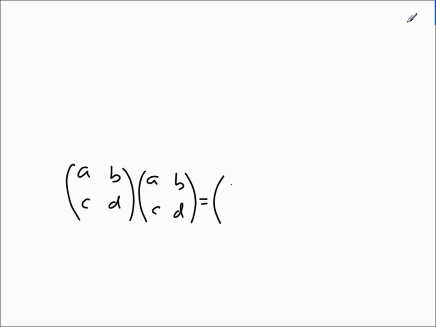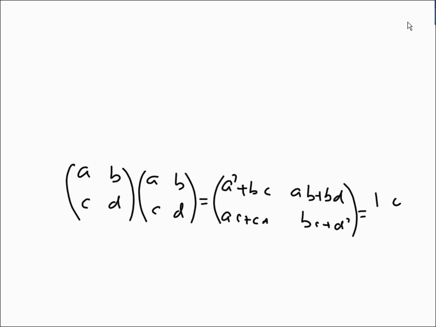And we get A squared plus BC, AB plus BD, AC plus CD, and BC plus D squared. And we want this to be the identity matrix.